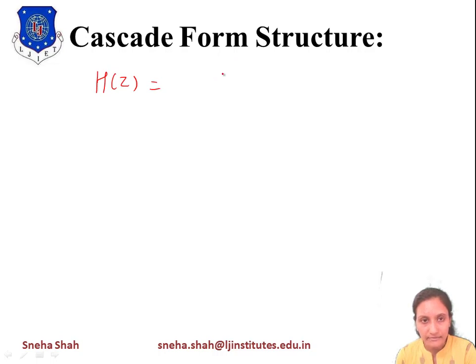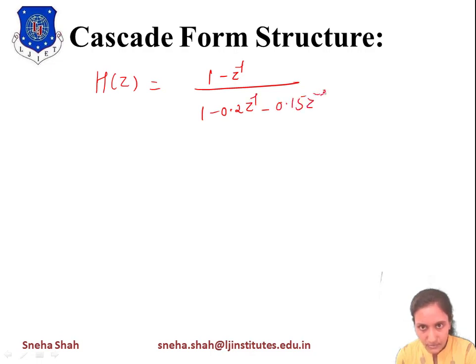Suppose you are given the transfer function H of z equals 1 minus z inverse upon 1 minus 0.2 z inverse minus 0.15 z raised to minus 2, and you have to find the cascade form structure.